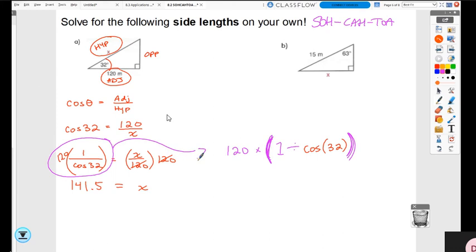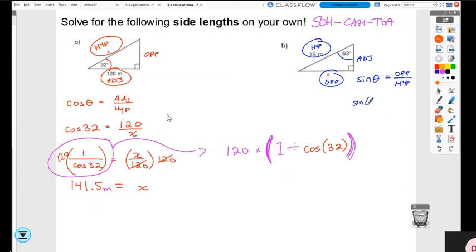And we should get 141.5 meters. Opposite, hypotenuse, adjacent. We need O and H, that's sine, lovely. Sine theta equals opposite over hypotenuse.